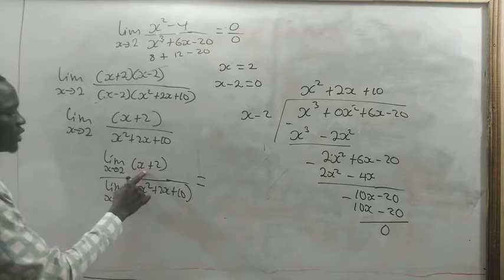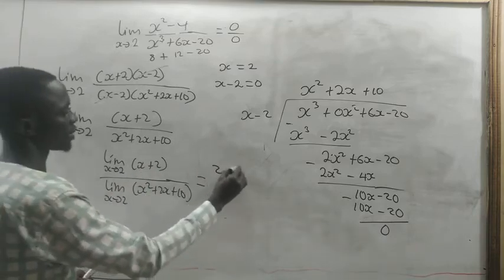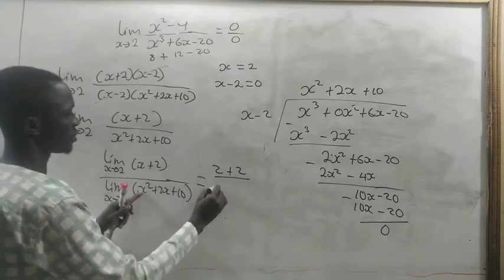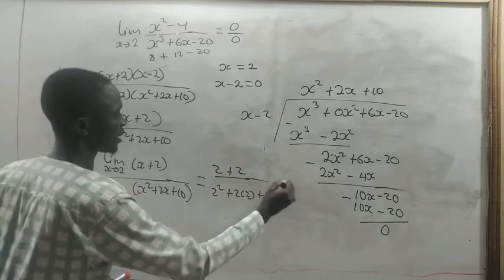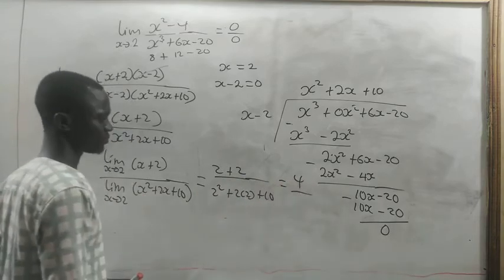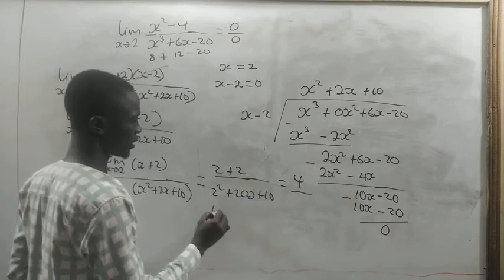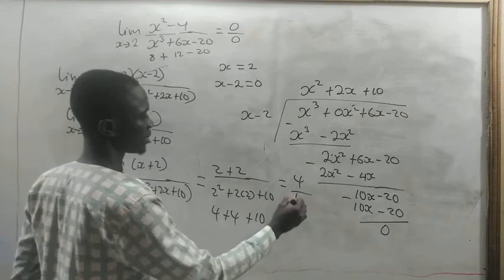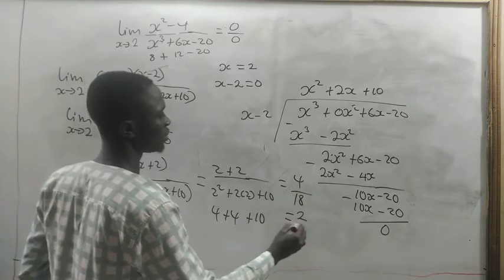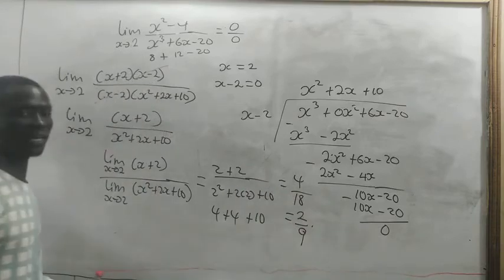And upon substitution, we have 2 plus 2 divided by 2 squared plus 2 times 2 plus 10. That will give us 4 divided by 2 squared is 4 plus 4 plus 10. That is 18. And we have 2 divided by 9 as our final answer.